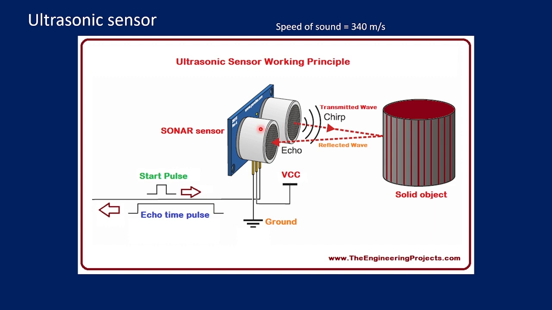Based on the time difference for the sound to travel to an obstacle and back, we can find the distance of the obstacle. Since the speed of sound in air is almost 340 meters per second, the Arduino will be able to detect the distance between the object and the sensor.